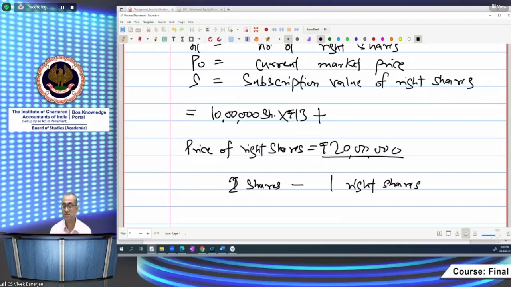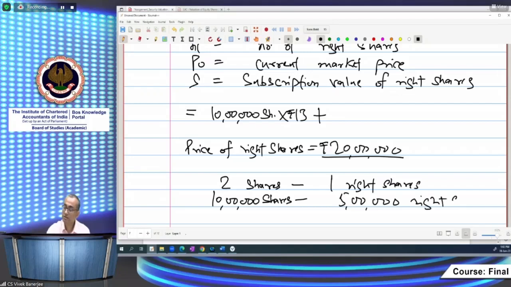For 2 existing shares, one right share is issued. So for 10 lakh existing shares, how many shares will be issued? 50%, that is 5 lakh right shares.